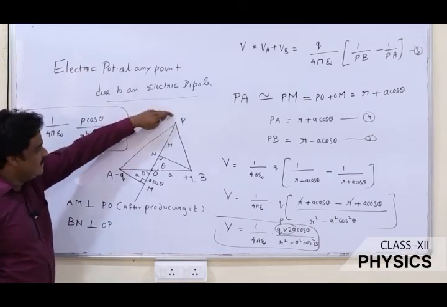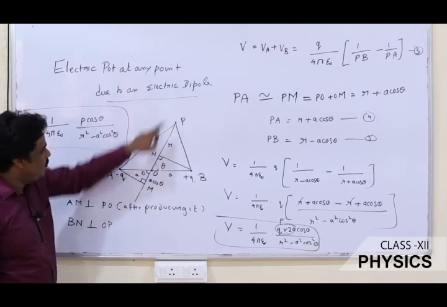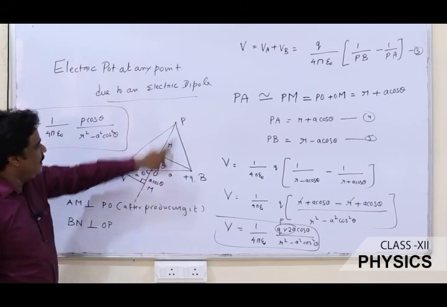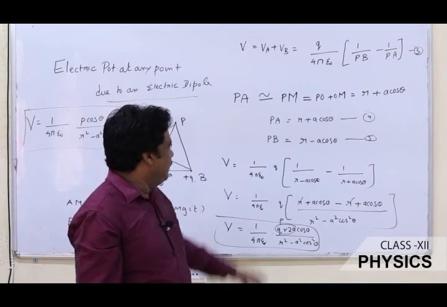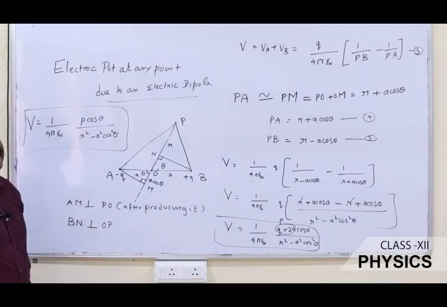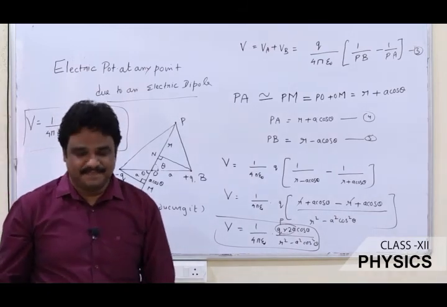So what is the approximation we are saying? If the dipole is of small length, the length PA is approximately equal to PM. And PM can be broken into PO plus OM, that is R plus A cos theta. In the same way, PB can be obtained as R minus A cos theta. By putting it back, I am going to get the final expression V is equal to K P cos theta by R square minus A square cos square theta.